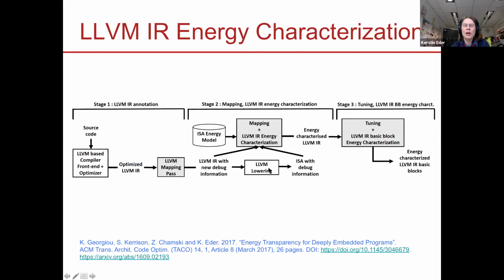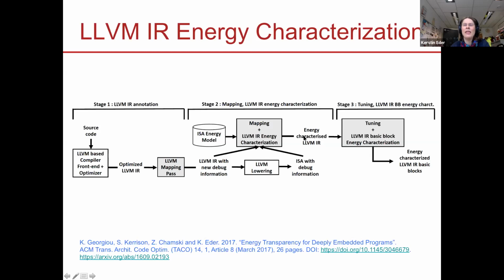And as we are lowering the code down, the ISA retains that debug information that allows us then to do a mapping between the cost of the ISA instructions up to the LLVM IR. And that gives us LLVM IR energy characterization.